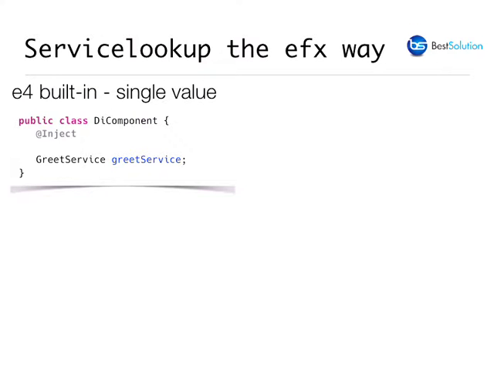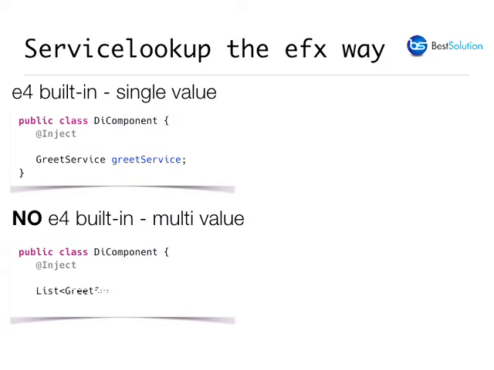But what if you want to have all services that are available in the OSGi service registry? You would like to write something like that. But that's not possible using the default dependency injection container in Eclipse. It will look up something like java.util.List in your context in the end. And this will not work.